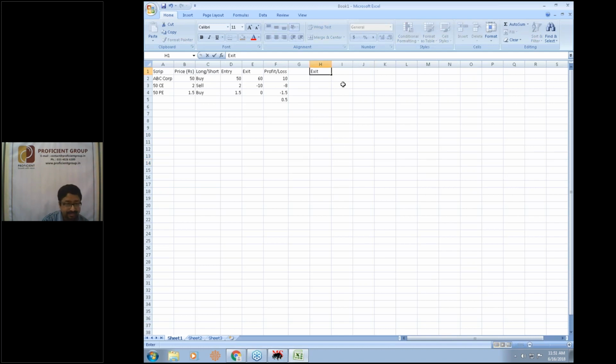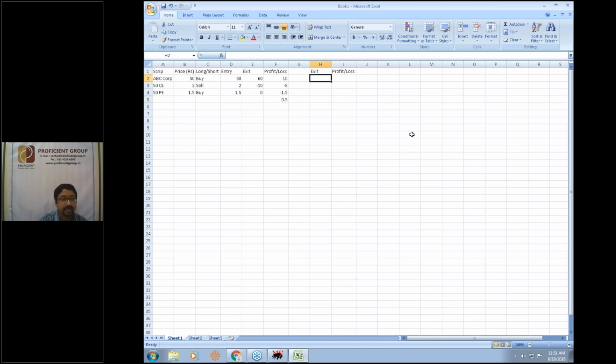What will happen if the stock price falls? Let us take another situation where the stock price is actually falling, right? Let us assume the stock went to rupees 40.